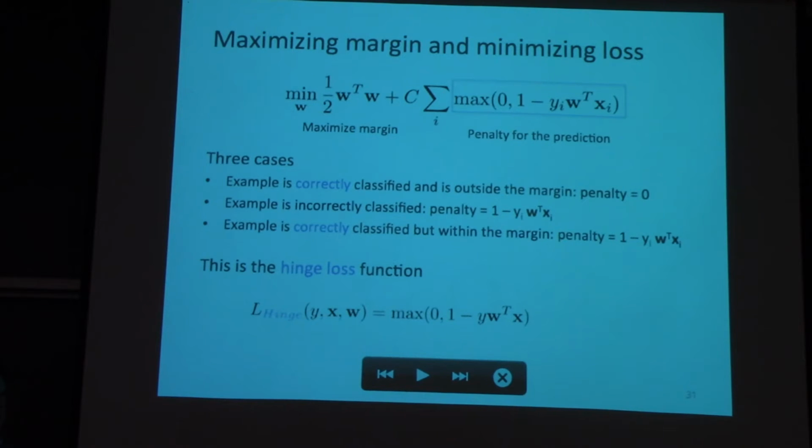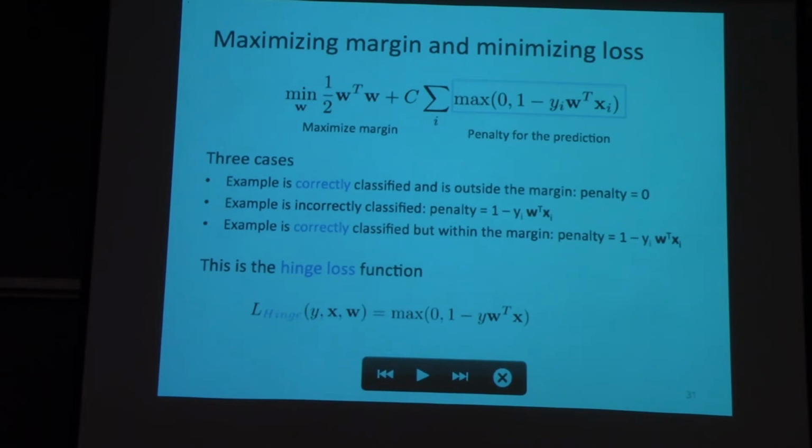Now, if 1 minus y w x is bigger than 0, so the max comes from the second term, that means y w x is less than 1. So in this case, there are two subcases, right? So if y w x is between 0 and 1, that means we still correctly label the example, but this example is within the margin.